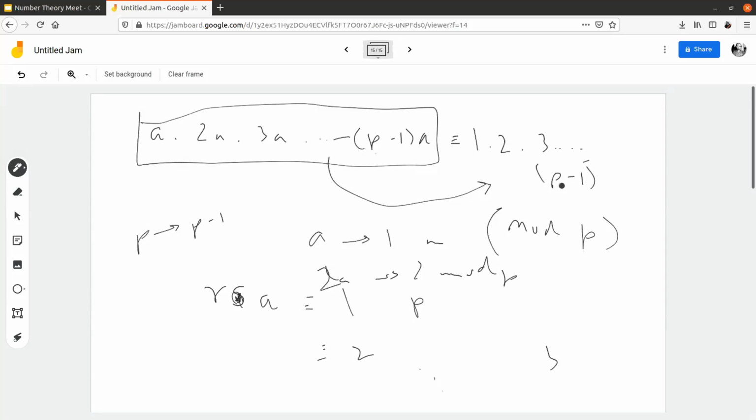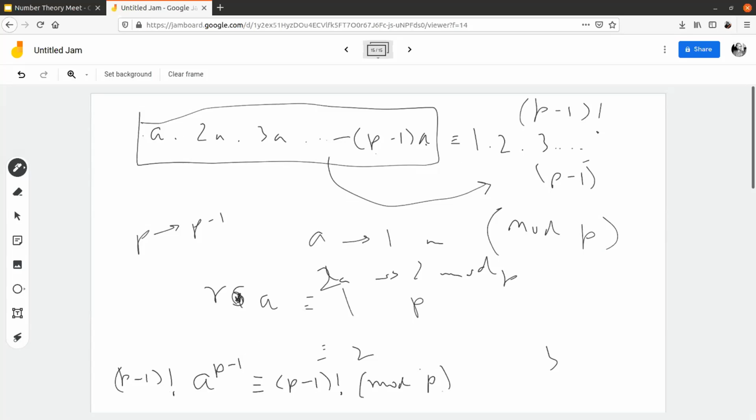So this thing is equivalent to p minus 1 factorial, right? On this side, I also have p minus 1 factorial because I am multiplying 1, 2, 3, 4, everything, times a to the power p minus 1, because a occurs p minus 1 times. So that is equivalent to p minus 1 factorial mod p.